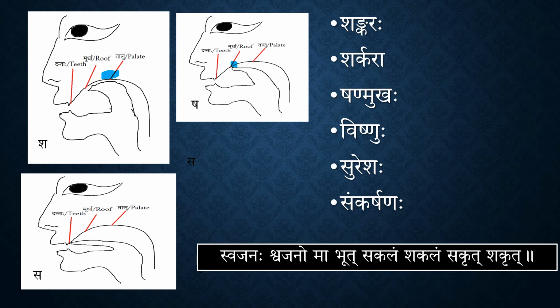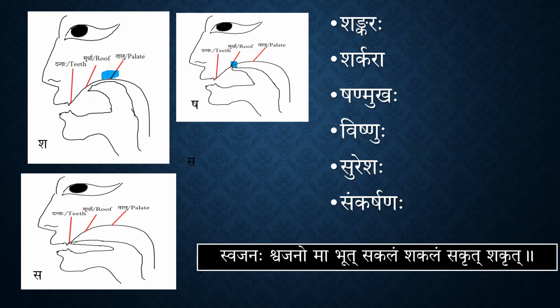For the word Shanmukha, the murdhanya sha is used. Similarly, Vishnu is also to be pronounced with the murdhanya sha, like Shanmukha.